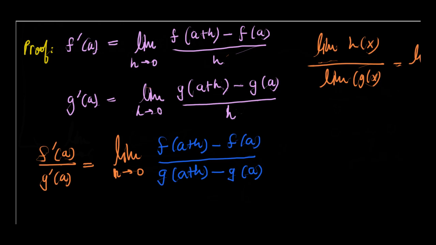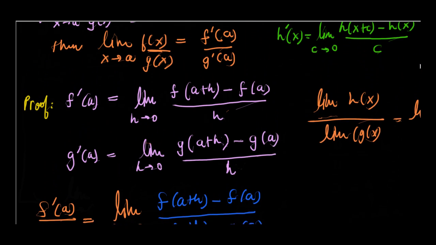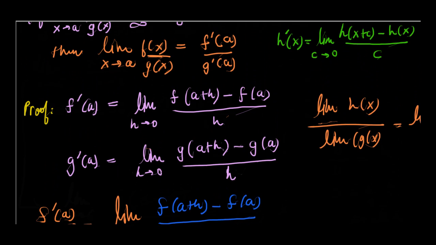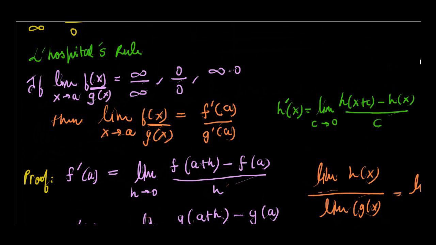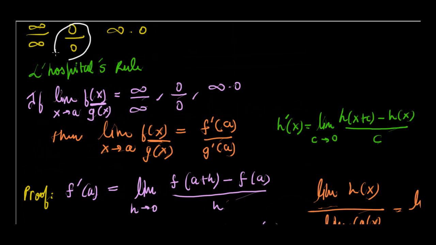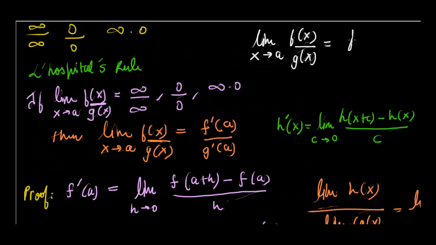Okay, so now in this proof I'll assume that this limit is of the form 0 by 0. So usually the limit as x approaches a of f of x over g of x is f of a over g of a.